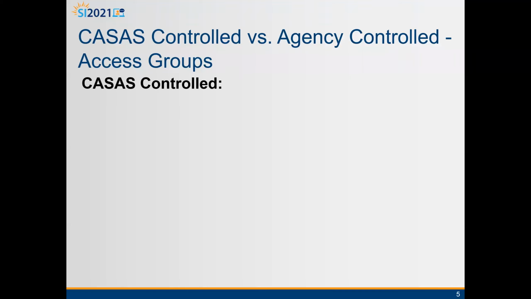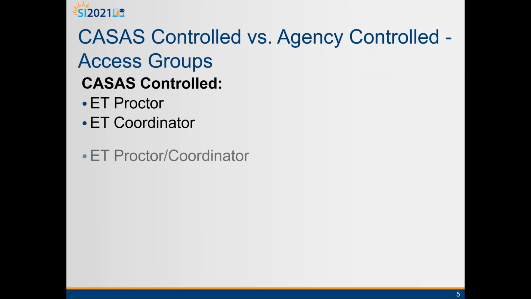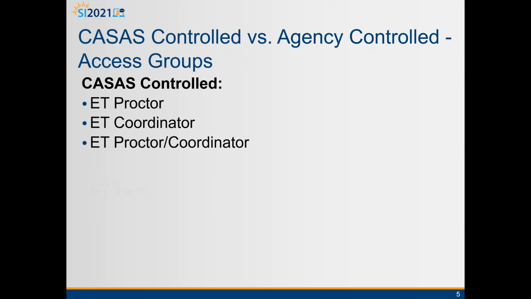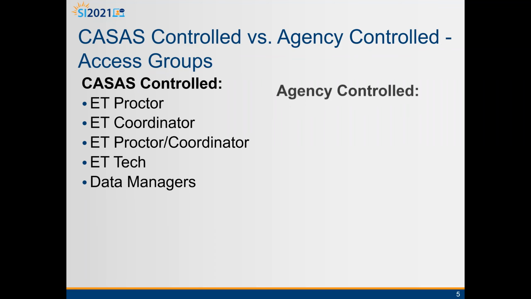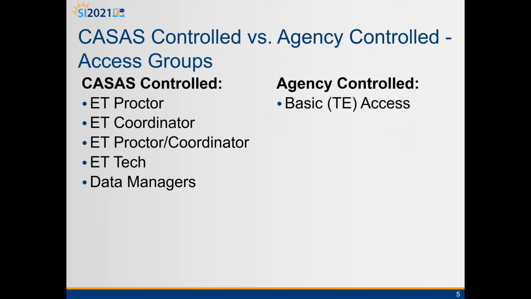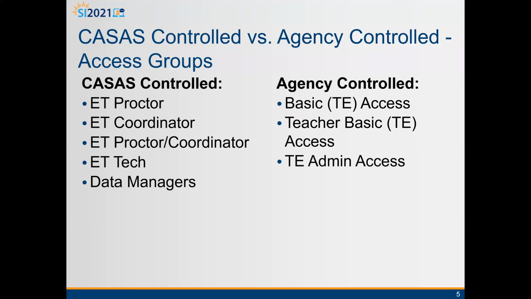CASAS-controlled has ET proctors, ET coordinators, ET proctors and coordinators, ET techs, which we'll get into a little bit more later, and data managers. And what are some examples of agency-controlled access groups? Basic TE access, TE basic access, TE admin access, and your own unique access group. And you can customize it however you want. That's based on the data manager and how they want to do that.